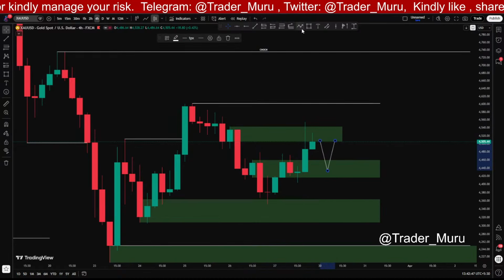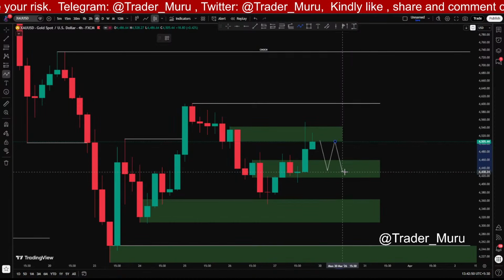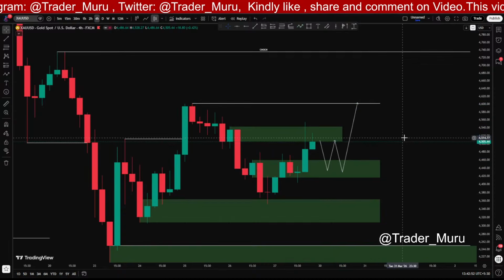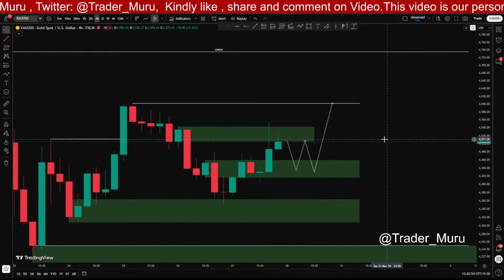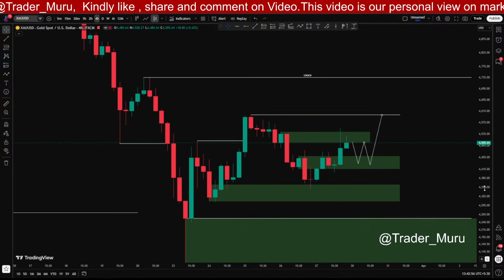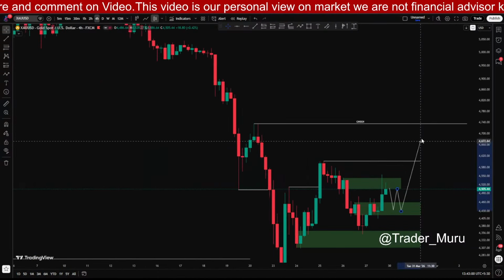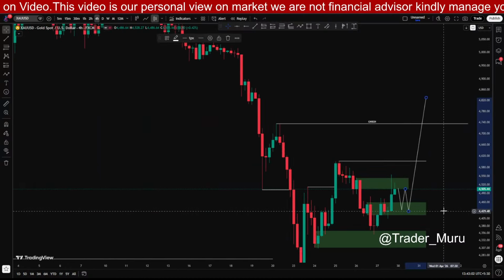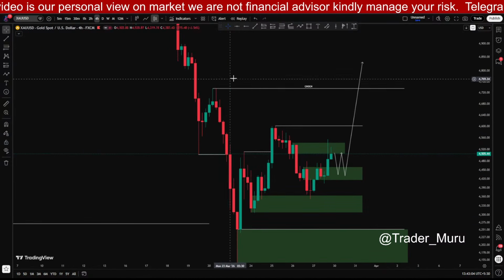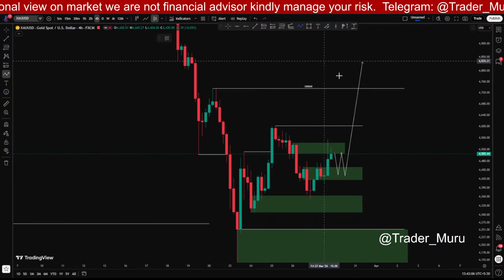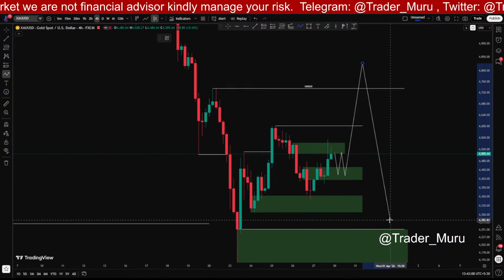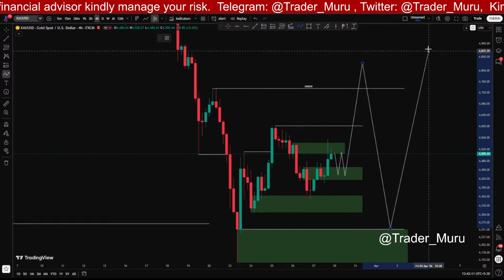So price can be just like this and pump. And I'm expecting price to create a 4-hour time frame change of character here. After this change of character, I will be expecting a drop and pump.